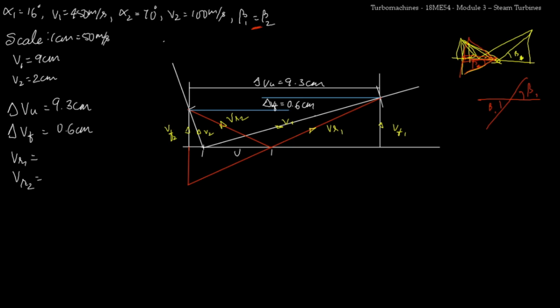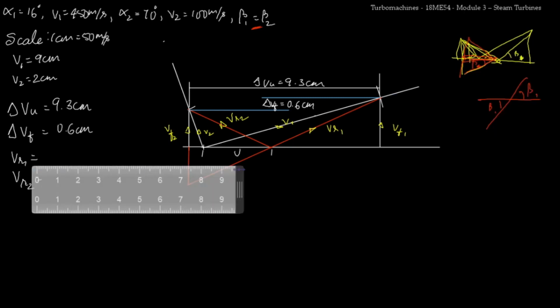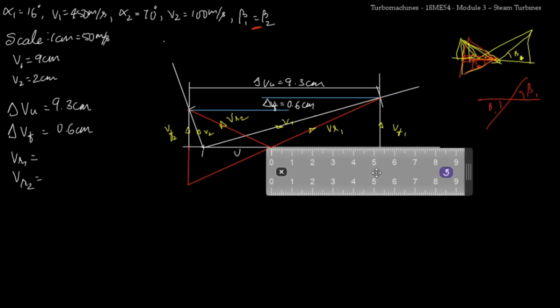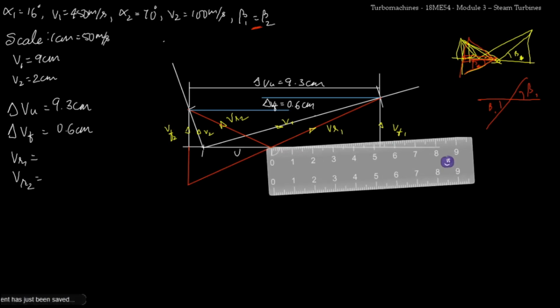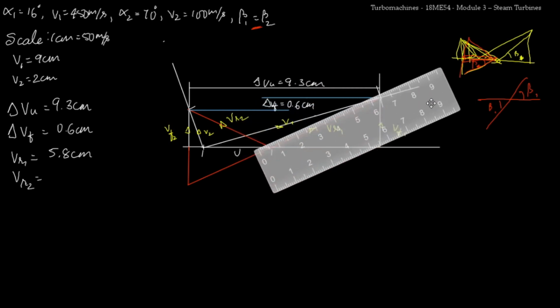Now I need to measure VR1. Place the scale here and rotate it parallel to VR1, and the length is 5.8 centimeters. Now I'll rotate it over to VR2.